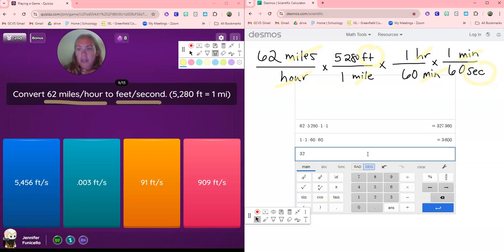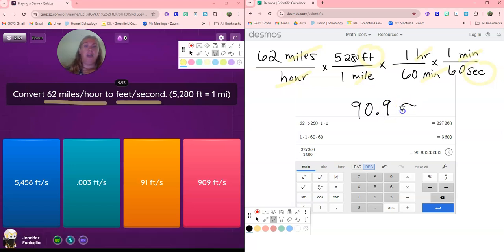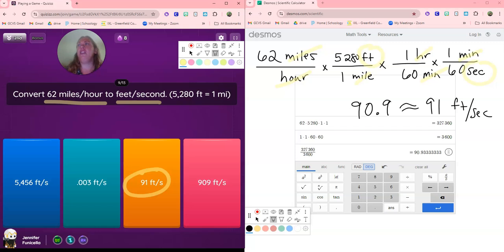So we have 327,360 divided by 3,600. And we get a value of 90.9, which we can round to 91 feet per second, which we see as our option. Beautiful. So that's question 9.